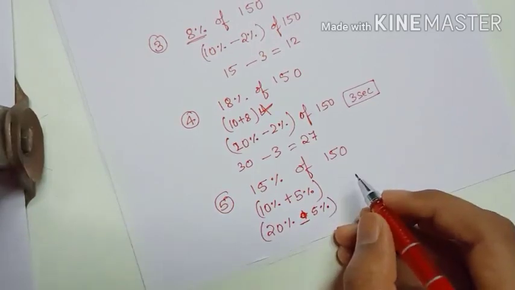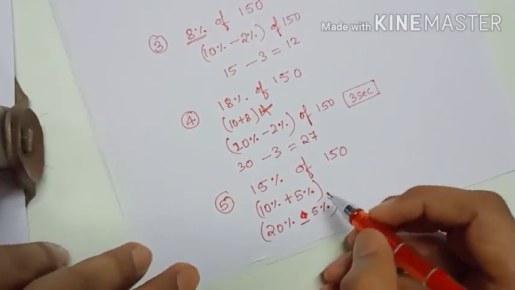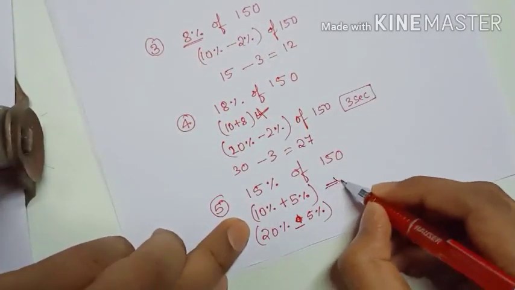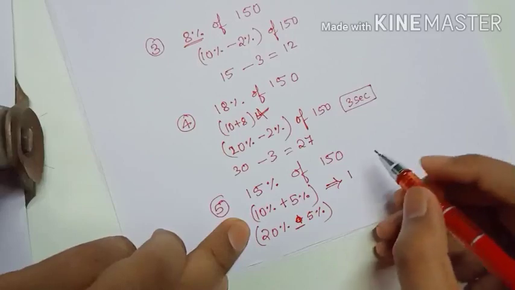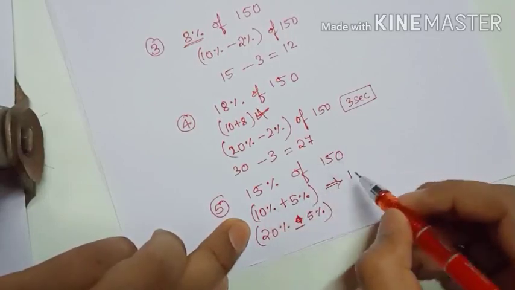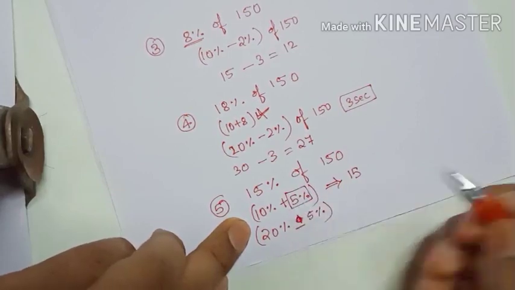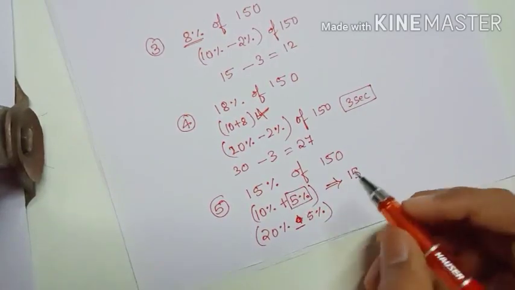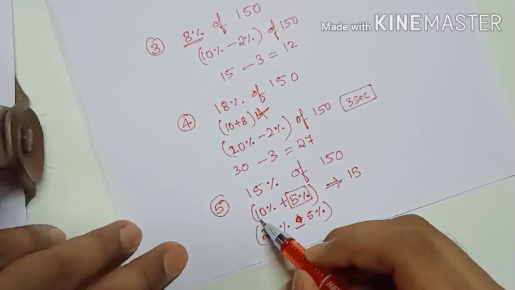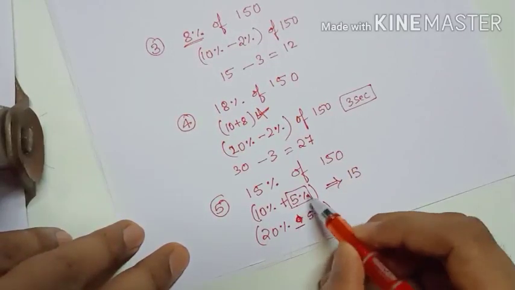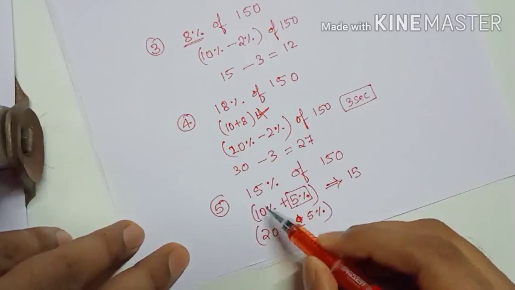Getting this? Now see, 10% of 150 will be 15, right? Now you want 5%. This is very important. Listen here, you already know 10%, now you want 5%, which means 5% is half of 10%. Yes or no?